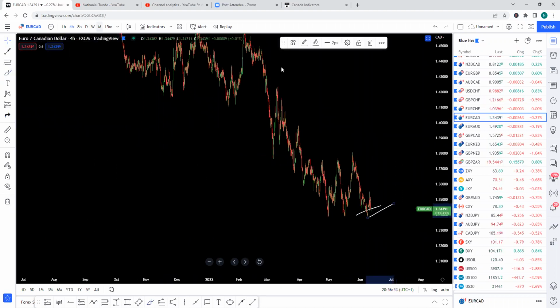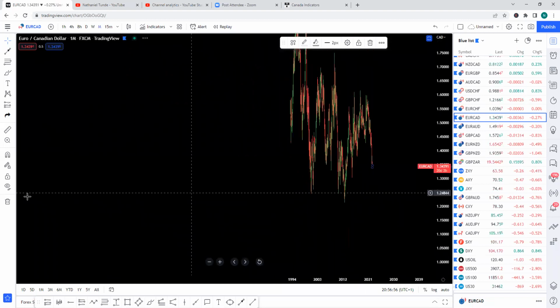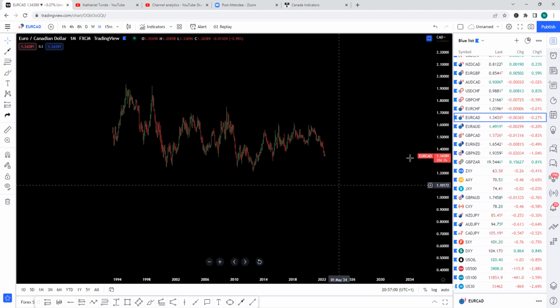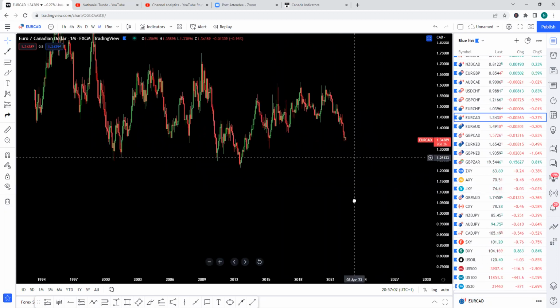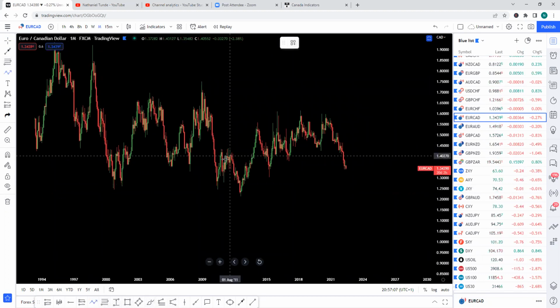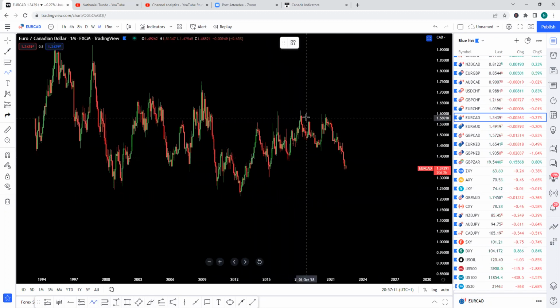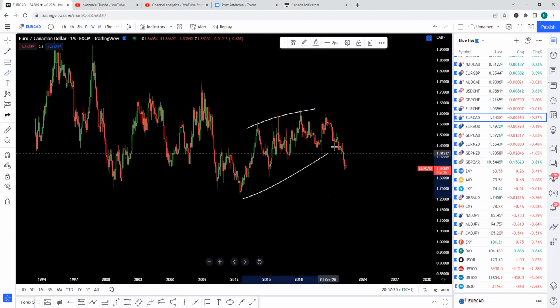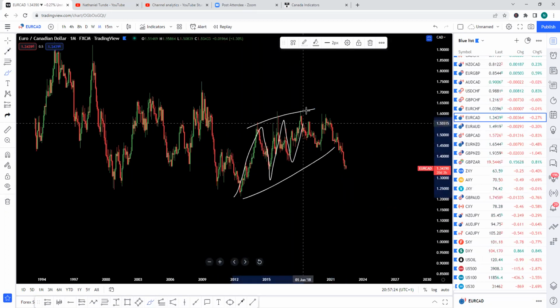Nope. Look at it on the monthly. You will see that looking at this structure, I'm very quick to conclude, based on the problem that we're having in Eurozone, I'm taking this to be a diagonal. 1, 2, 3, 4, 5.